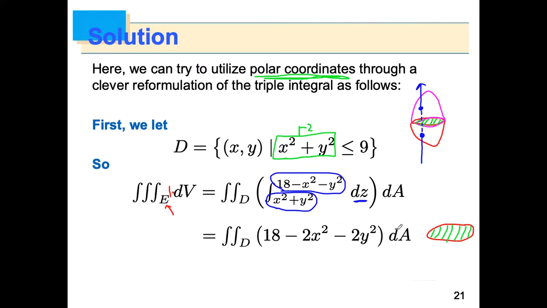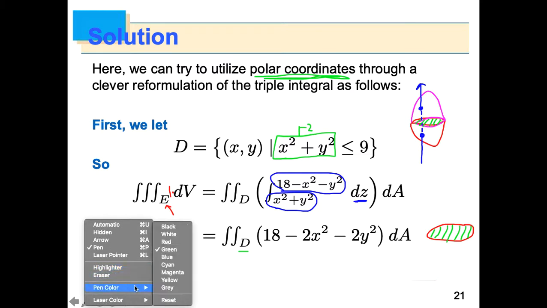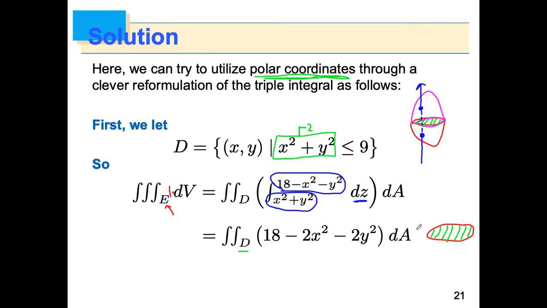So that's what we're dealing with now. We are now integrating over that region D. This is the region D here. All we really have to do is find the area of that thing.